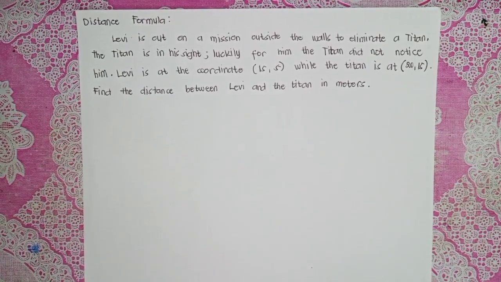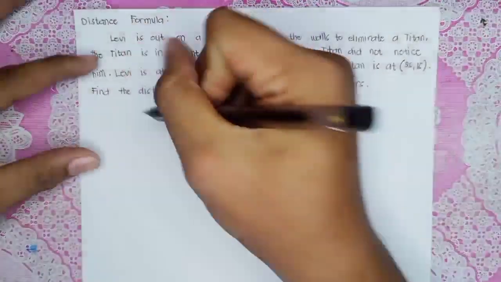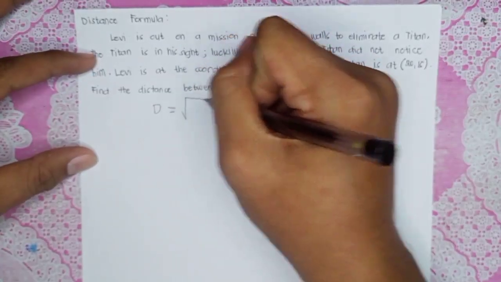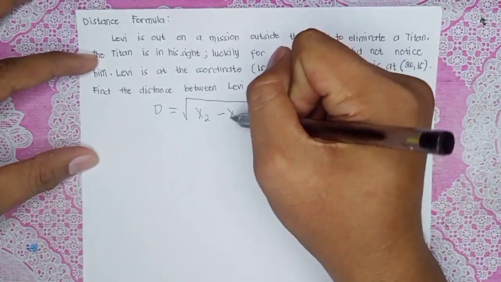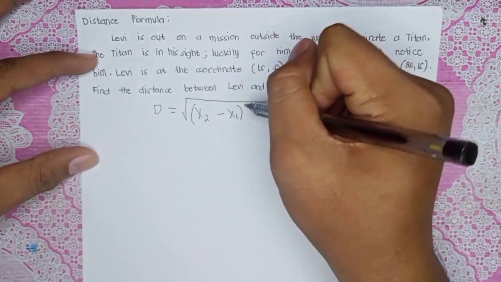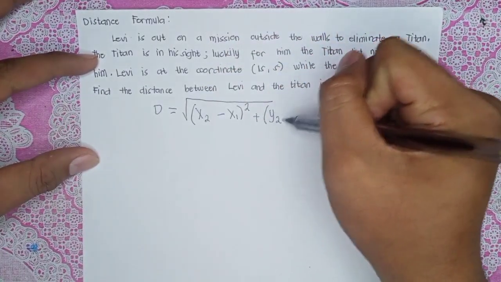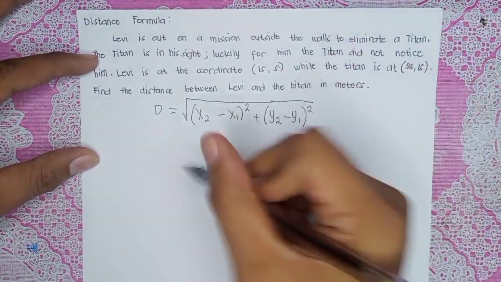To come up with the answer, we will use the formula d equals the square root of x2 minus x1 squared plus y2 minus y1 squared.